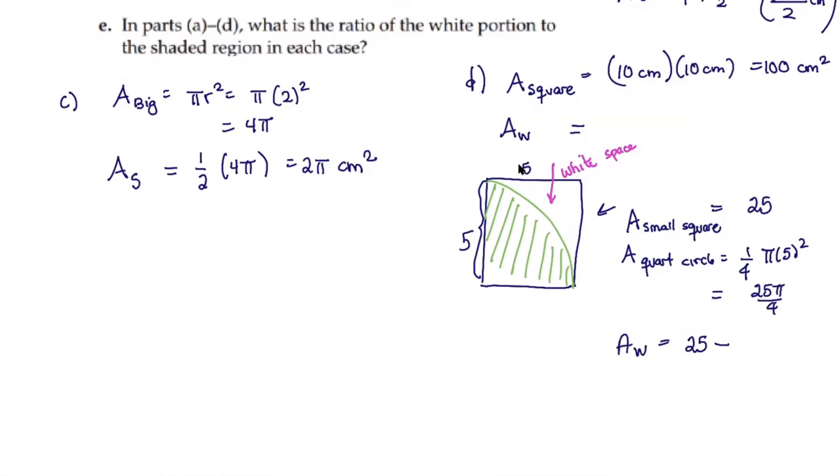And so if we want to find the area of just the white space, it's going to be the area of the small square, which is 25, minus the quarter circle. And that's going to be 25 minus 25 pi over 4, which is going to equal 100 minus 25 pi over 4. And that gives us the area of all of the white spaces in my region.